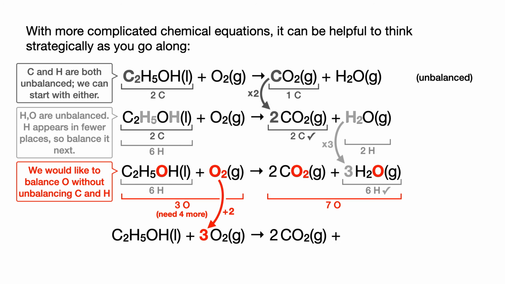So if we add 2 more of the O2s for a total of 3 O2 on the left side, now we still have 7 oxygen atoms on the right, but now we've got 7 oxygen atoms on the left, and so the oxygen is now balanced, as is the carbon and the hydrogen. So this finally is a balanced chemical equation. And that's where we're going to finish up this video.